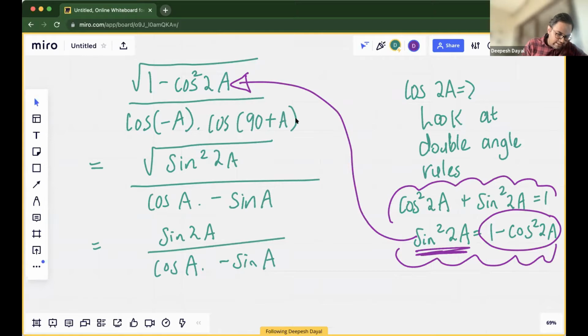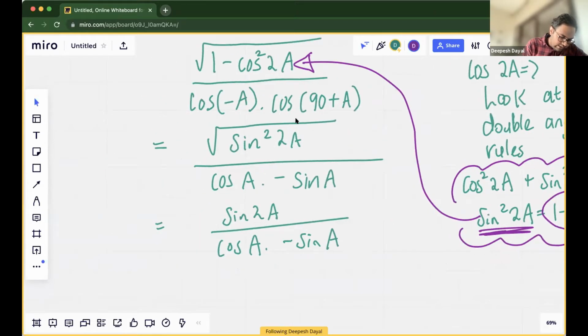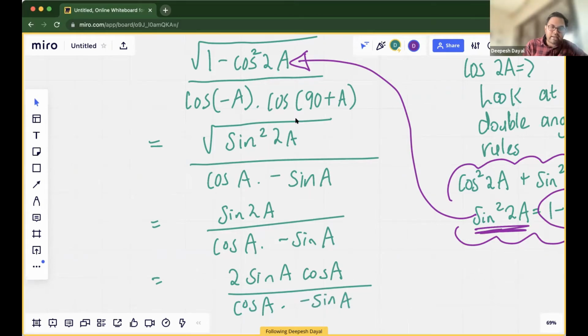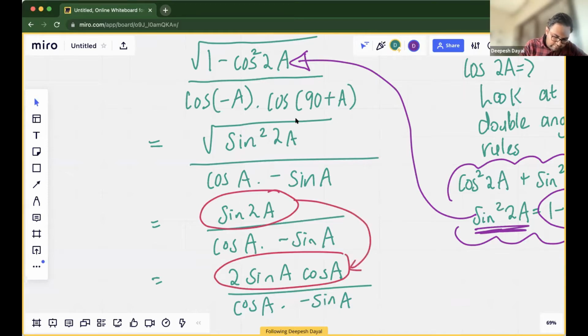That is a double angle formula, and sine 2a is 2 sine a cos a over cos a times minus sine a.